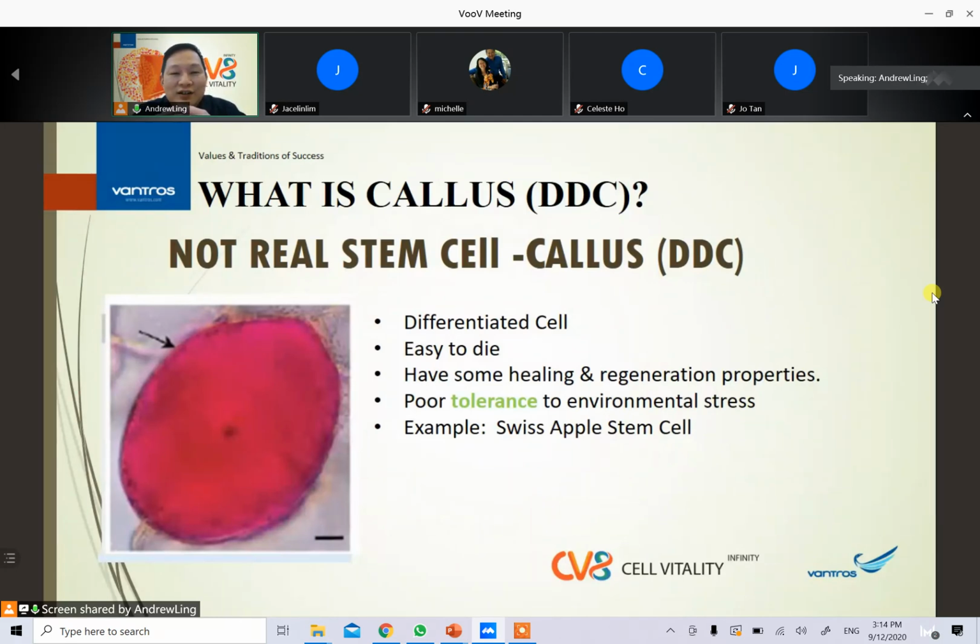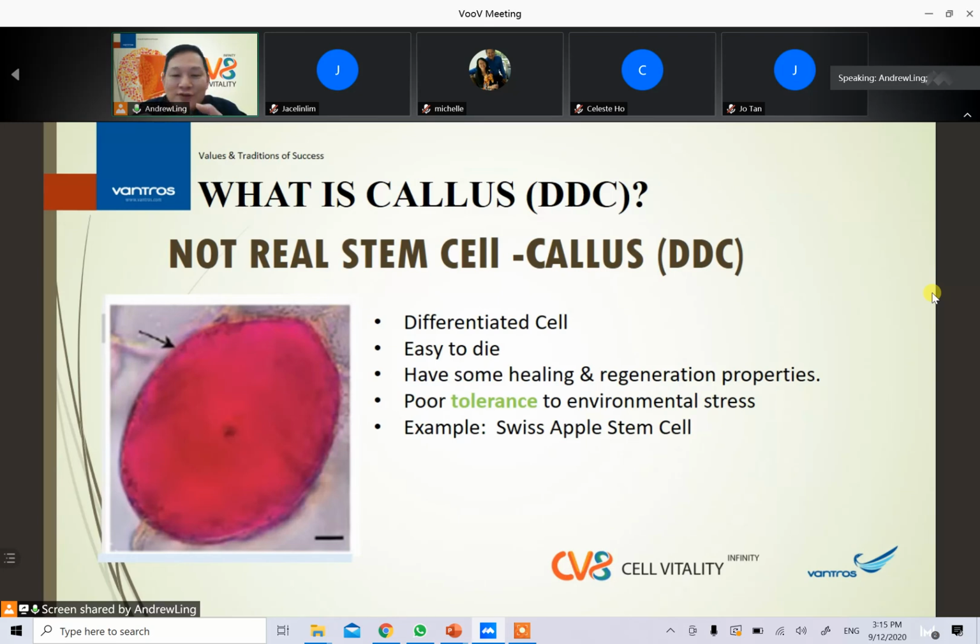They are actually considered as DDC. DDC stands for differentiated cell, sometimes we also call it callus. These are cells which have already been differentiated.